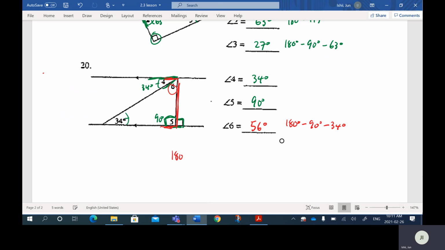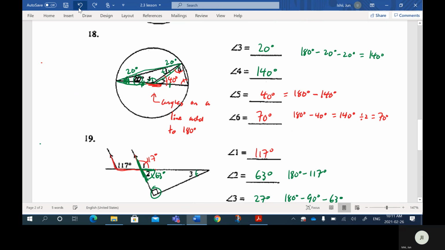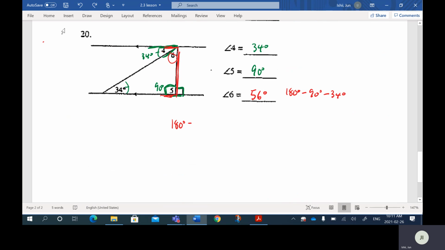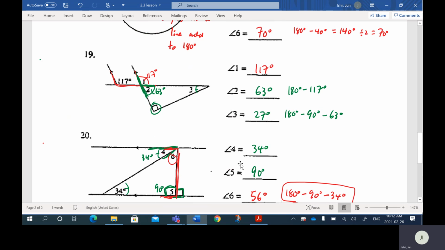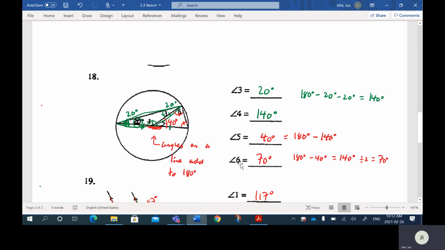Again, we're going to take the 180 because C angles add to 180, subtract 90, subtract 34. You'll notice it's the exact same equation as I used when I was applying the triangle. So again, we're going to get 56 degrees. All right, cool. So that's just kind of a lesson on triangles here.